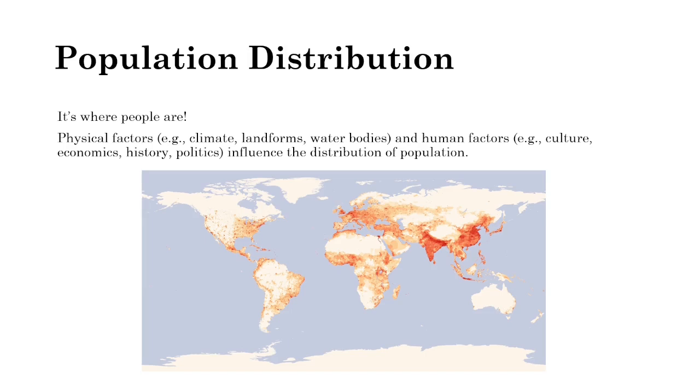So a trend that I see here is that populations in South America, Africa, even in Asia and the United States, are clustered closer to the coastlines. They're more dispersed, more separated the further inland you go, as well as the more north and the more south you get. Look at South Africa.